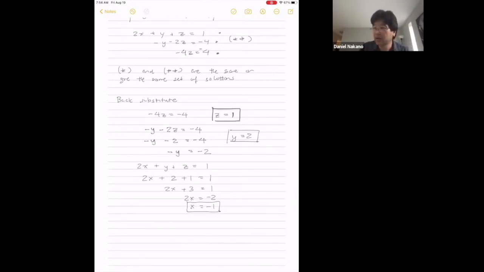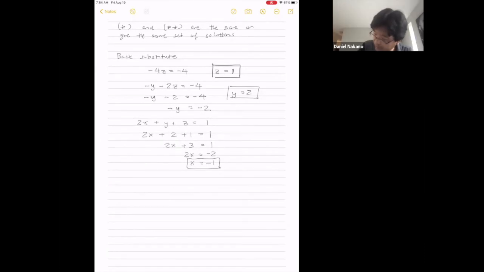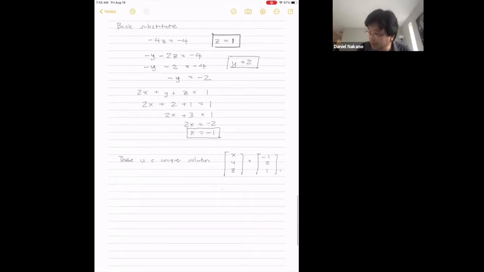Here there's a unique solution. x, y, and z is equal to -1, 2, and 1. So this is non-singular, if you want to think of it that way.